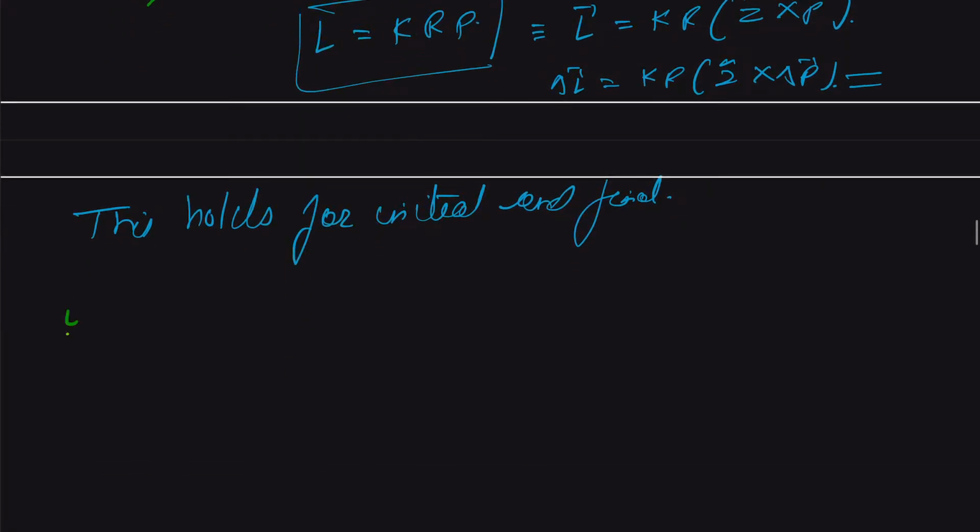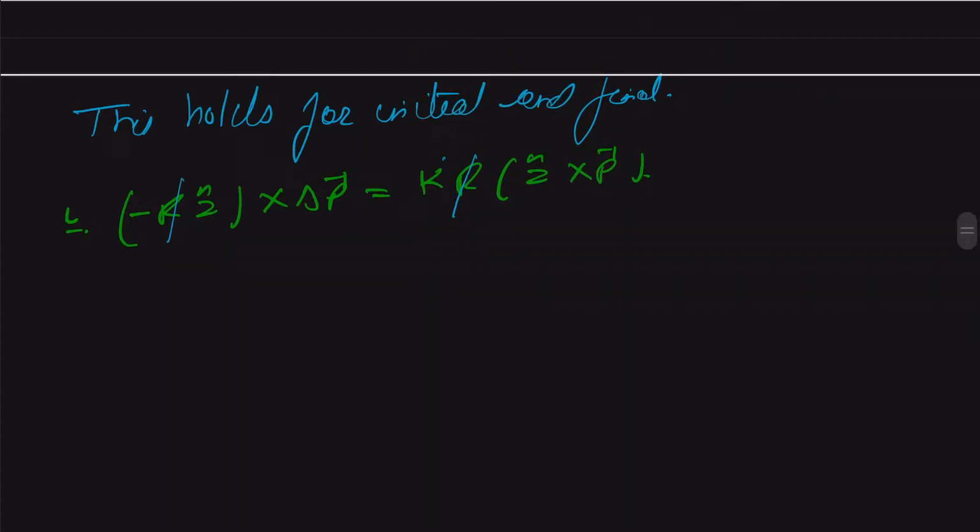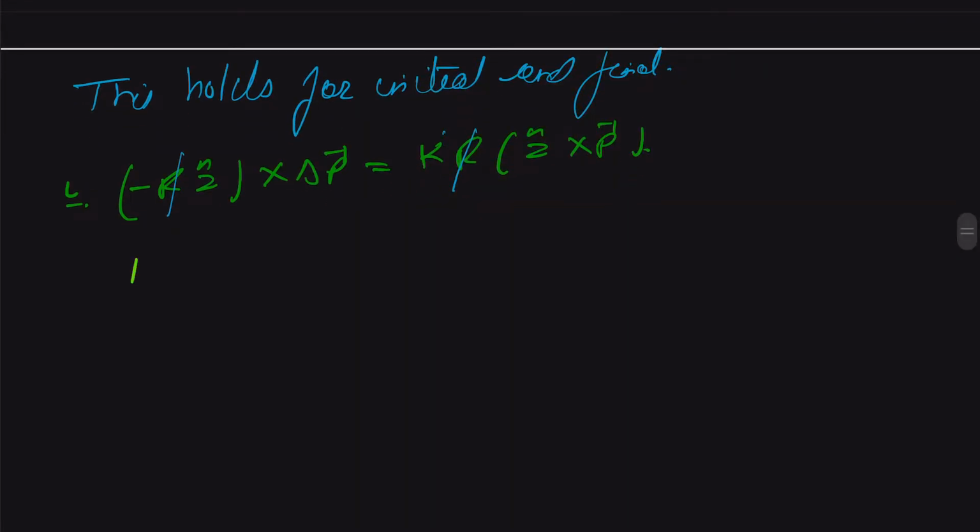Therefore we can write that minus r z cross delta p is equal to k r z cross delta p. And obviously r cannot be equal to 0, so we can simply remove r, and if we combine them we can write this as 1 plus k, and we have z cross delta p is equal to 0.